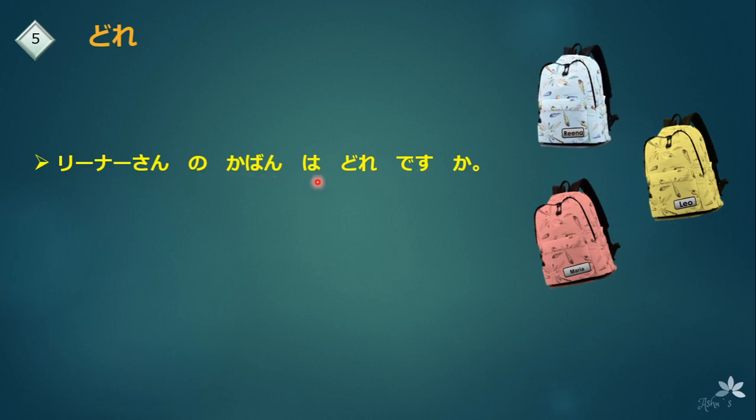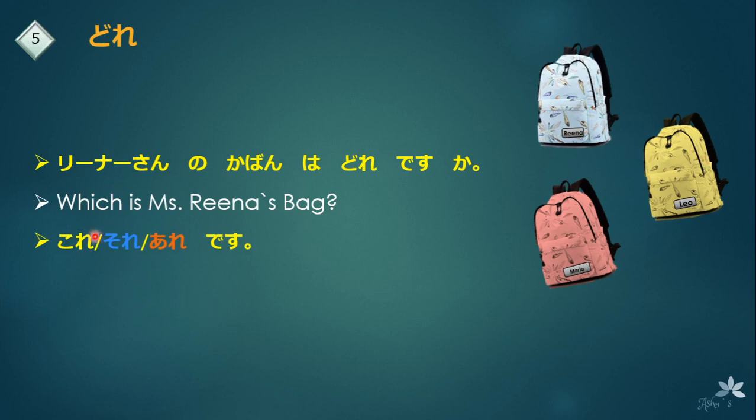Which is Miss Reena's bag? So depending on the situation, we can say kore, sore or are desu. This, that, or that over there. We will look into more examples from dore in the coming lessons.